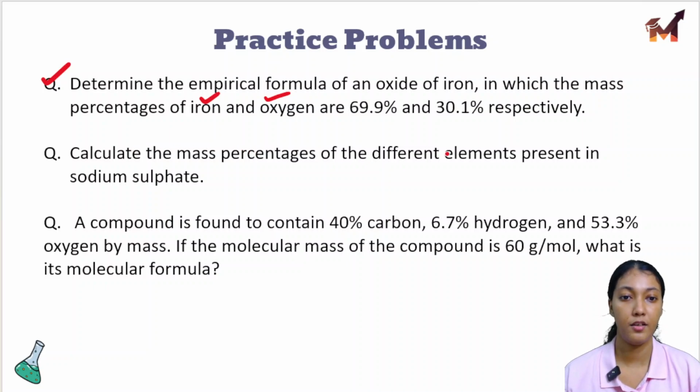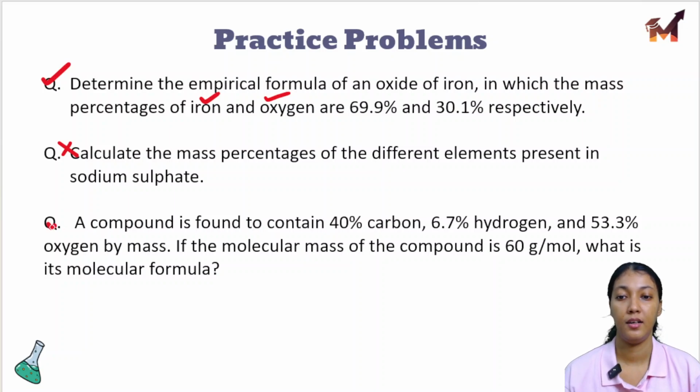Calculate the mass percentages of the different elements present in sodium sulfate. Mass percentages अभी तक हमने discuss नहीं किया है, so we will omit this question. A compound is found to contain 40% carbon, 6.7% hydrogen and 53.3% oxygen by mass. If the molecular mass of the compound is 60 grams per mole, what is its molecular formula?